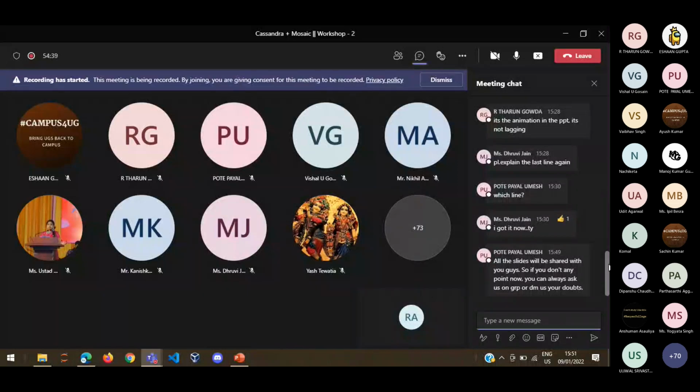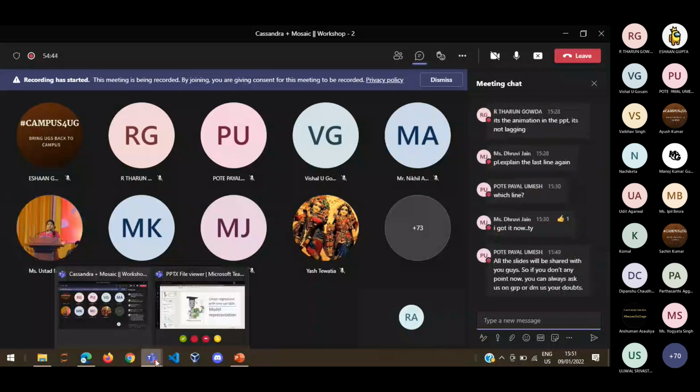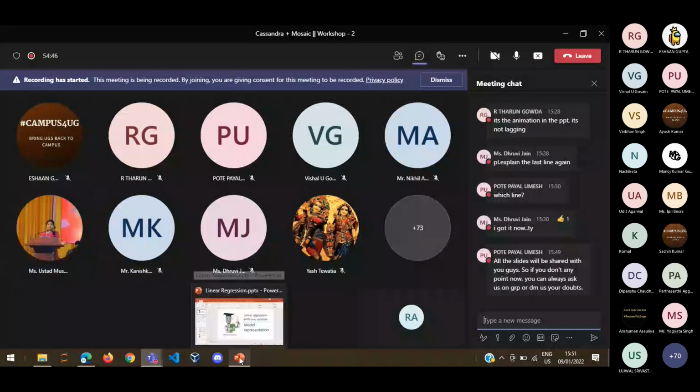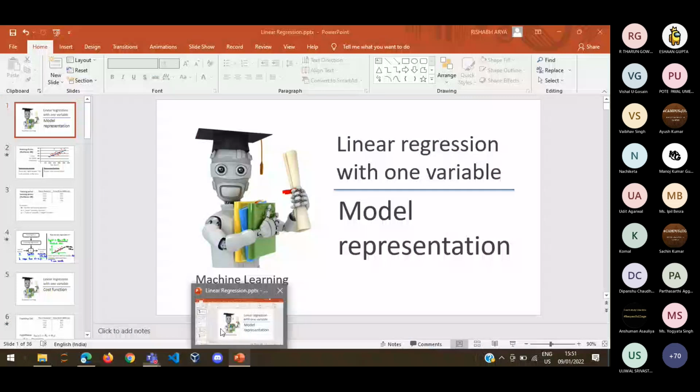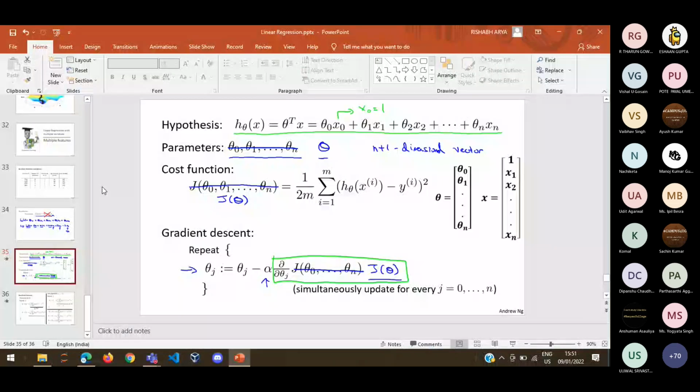Bhaiya, in the matrix slide, please show me the matrix slide. Sir, the matrix of X should be horizontal, not vertical.